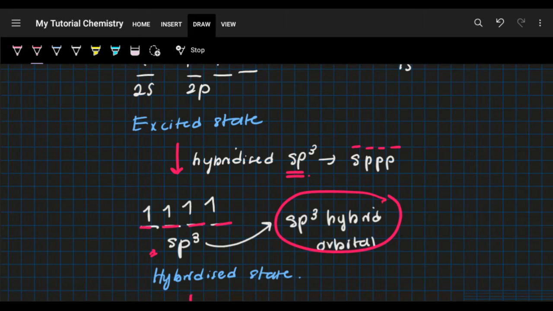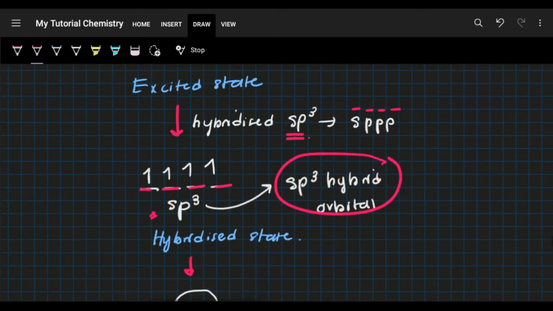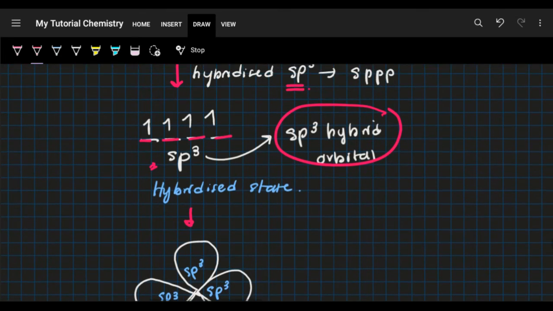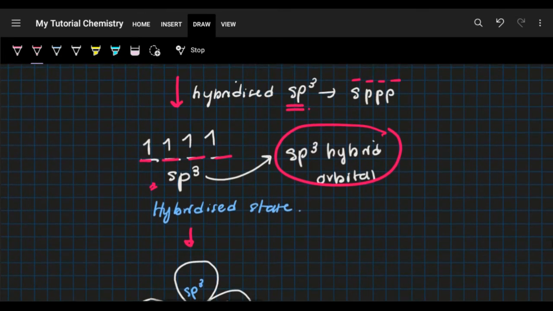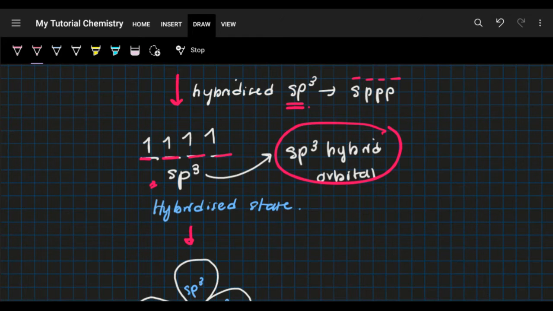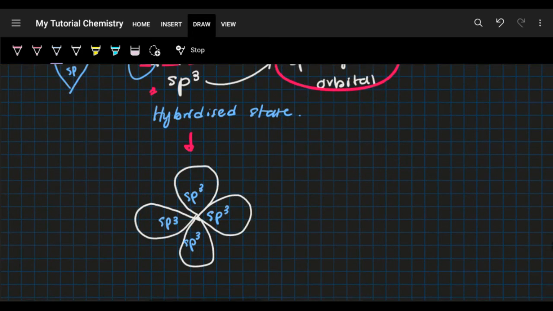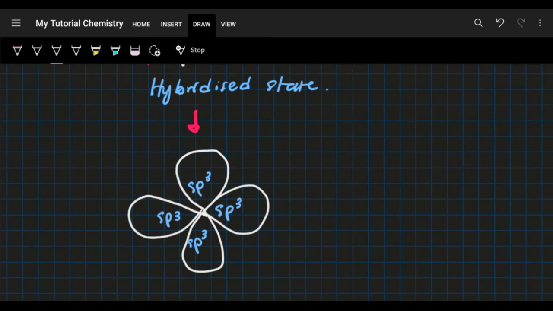Now, how to draw the three-dimensional orbital diagram. The diagram for one sp3 is drawn like this. This represents one orbital for sp3. Now it has four, so just draw four sp3 orbitals.